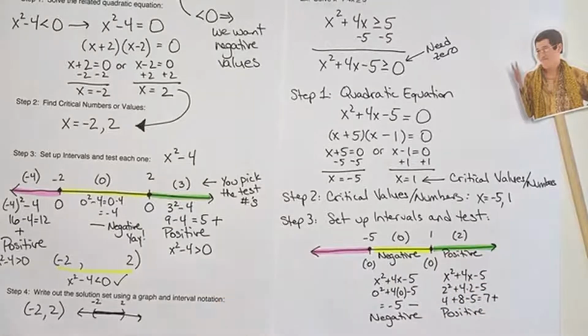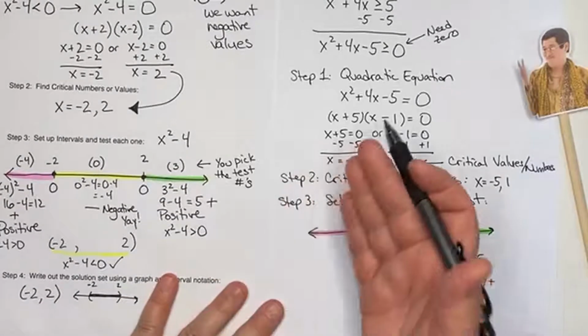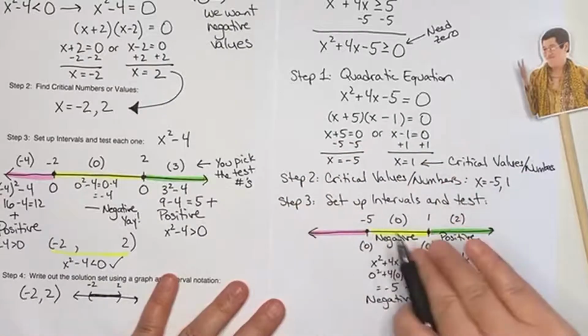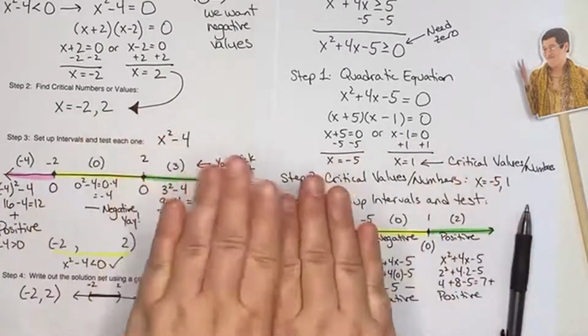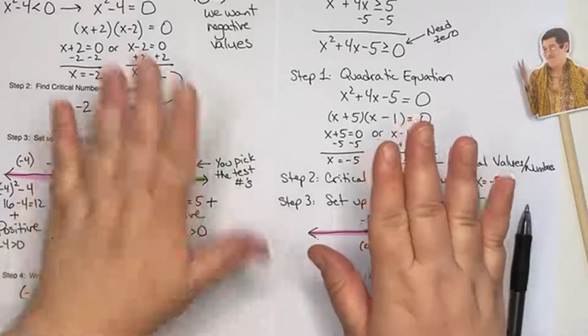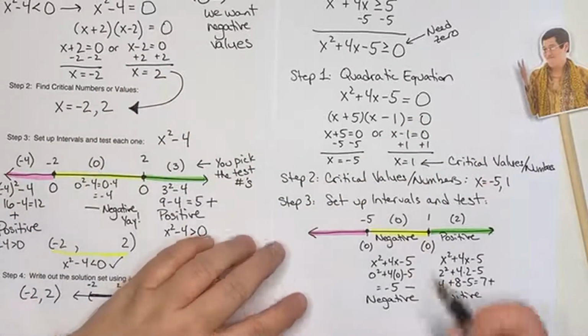Now, you could pretty much guess, if it's negative there and positive there, we would guess that this is probably positive. It doesn't always work that way, just so you know. It isn't always like a flip-floppy thing, like positive, negative, positive, negative. Sometimes you can have two intervals right next to each other where it goes positive, positive, believe it or not. So we need to test everything.